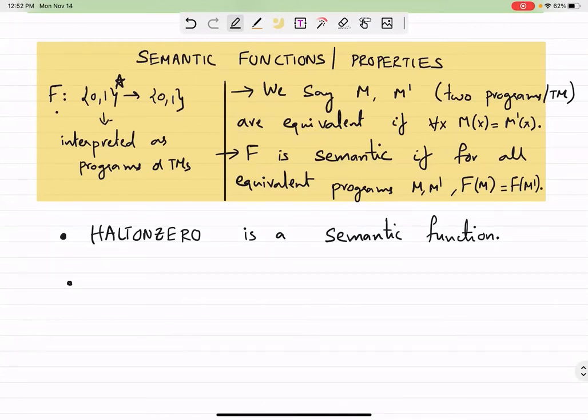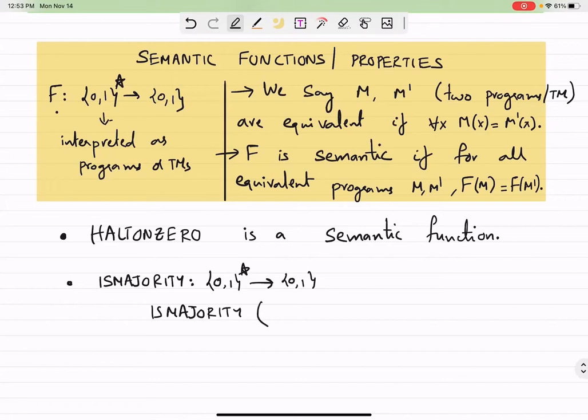Okay, so let me give another example. Let's say the function I'm interested in is majority, which is 1 if m is equivalent to the majority function, 0 else.